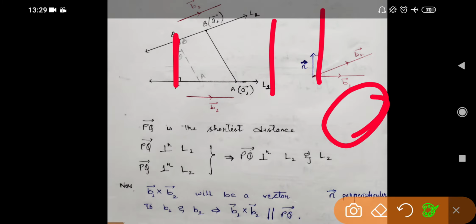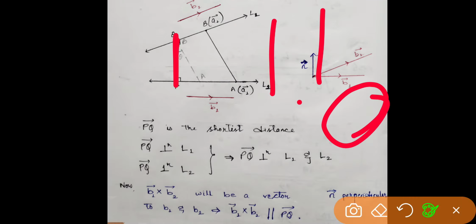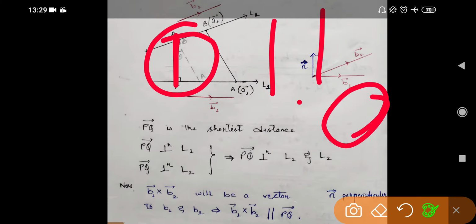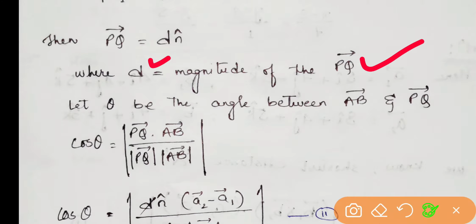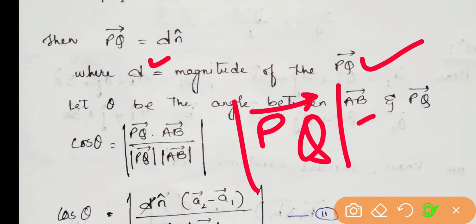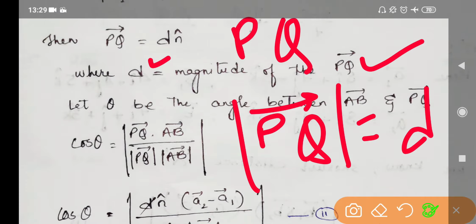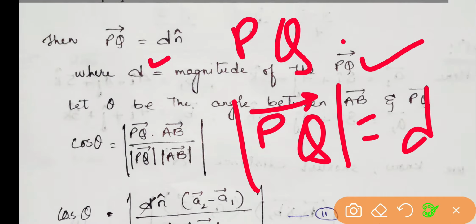Magnitude is important to find the distance, so we need to find the magnitude of PQ. So I have taken d as the magnitude of PQ. When you take modulus of PQ, you can write d, or you can just write the length PQ. But here we are finding the distance, so we take PQ as d.